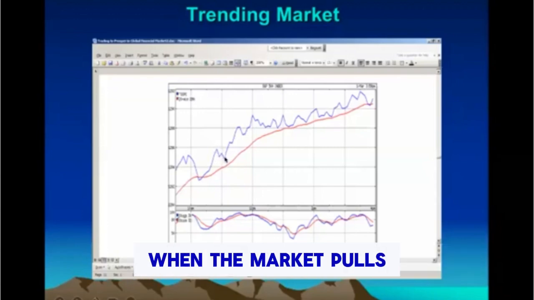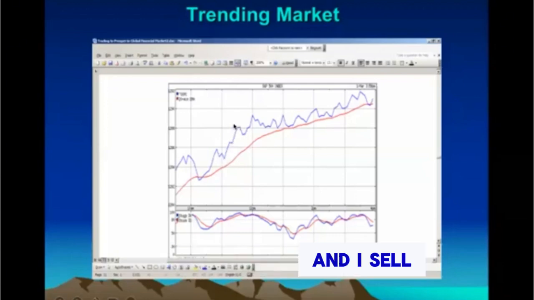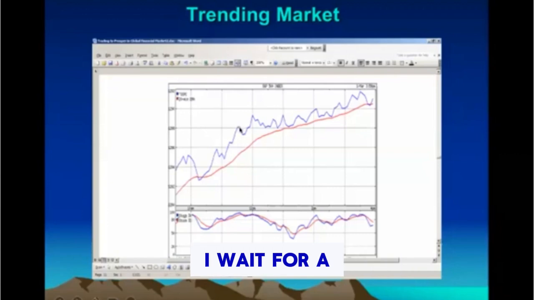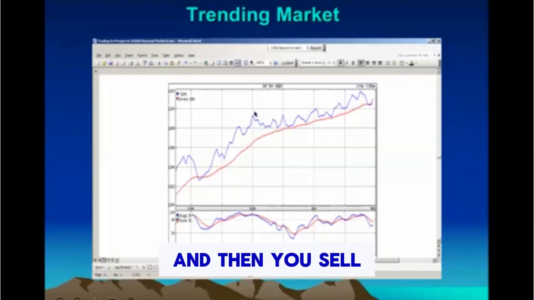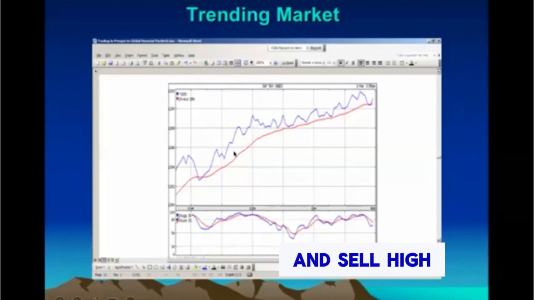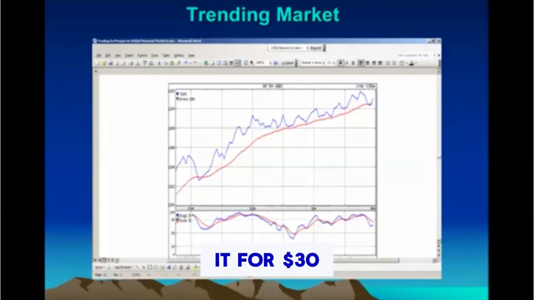When the market pulls back a bit, it comes low like this, and then I buy here again, I go up here and I sell. I wait for a trend pullback again. It pulls back, and then you buy here, and then you sell. Anytime you buy low and sell high, you buy something for $20 and you sell it for $30.